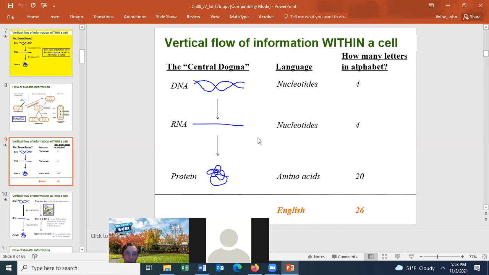The language in RNA is also in nucleotides, although it's RNA nucleotides, and there are also 4 letters in the alphabet. The information in protein, the language is amino acids, and generally speaking, most organisms have about 20 different amino acids in a protein. To compare that with English, we have 26 letters in our alphabet.